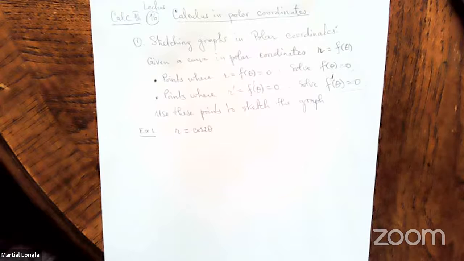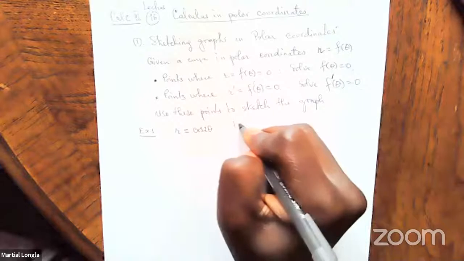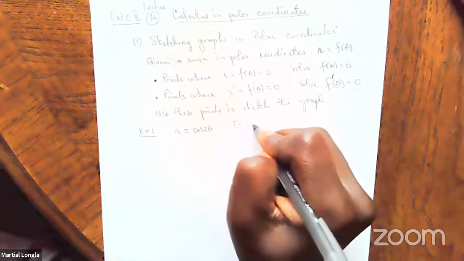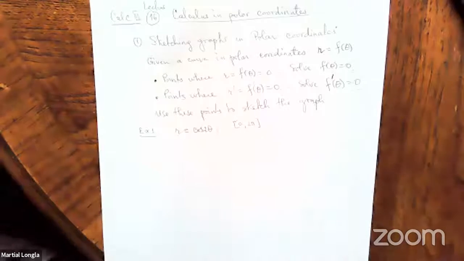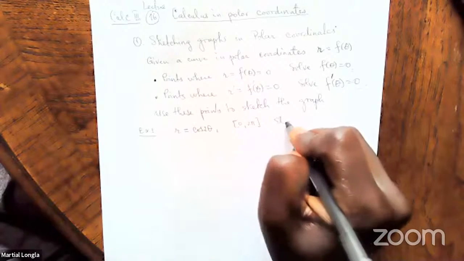That's one lap, which represents all possible angles that cover the space. So you're always looking for that to begin with. And then I say sketch the graph.